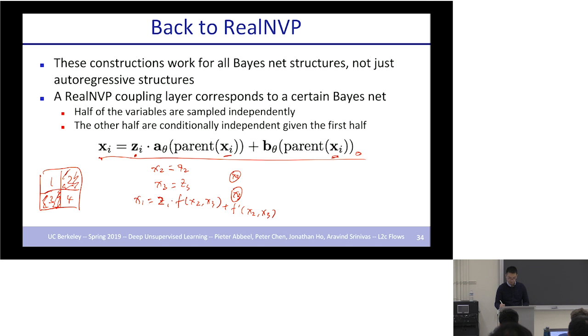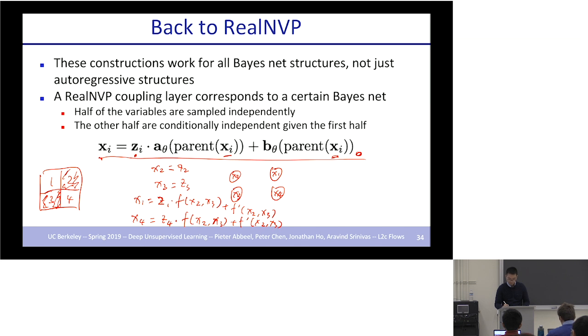I'm just rewriting this equation. Similarly for x4, the random variable z4 is transformed by some function specified by x2 and x3, plus an offset. These two functions need not be the same; I just drew them to be the same here. So the Bayes net structure looks like the following: this is x1, this is x4.